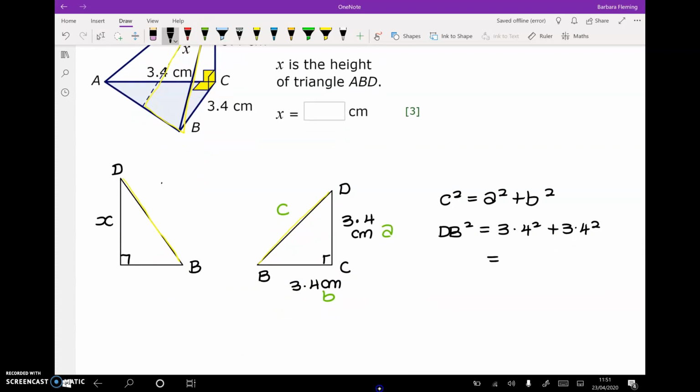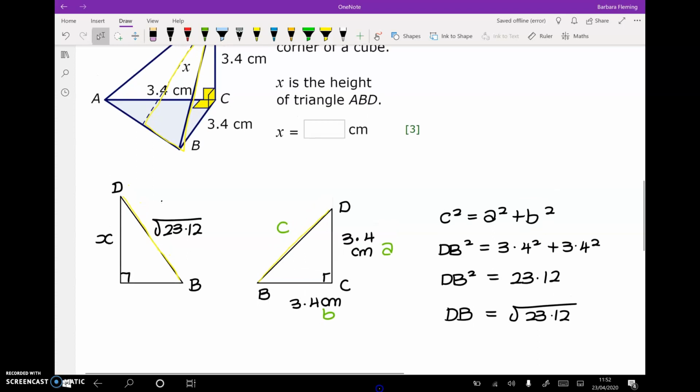If we type that into our calculator once again, 3.4 squared plus 3.4 squared equals 23.12. And then DB is going to be the square root of that, 23.12. Now again, you could type that into your calculator, get your long answer, but it's nice to keep it nice and exact here. So our DB is the square root of 23.12.